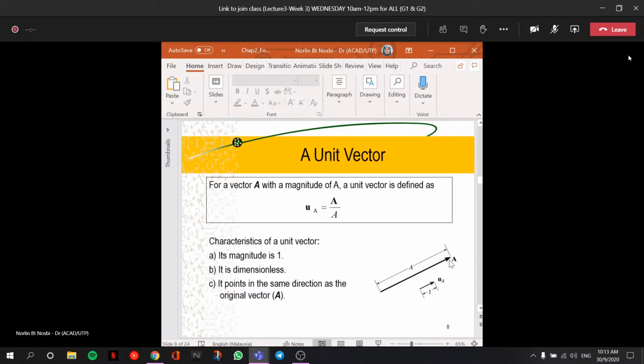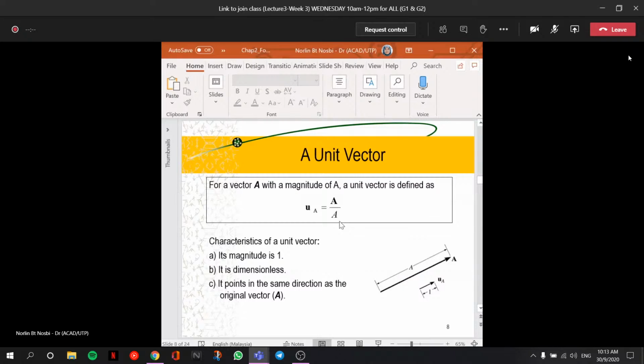So a unit vector is equal to the vector over the magnitude. The vector A is in bold, and the magnitude is in italic. A unit vector shows you a value of one magnitude, so it is dimensionless.